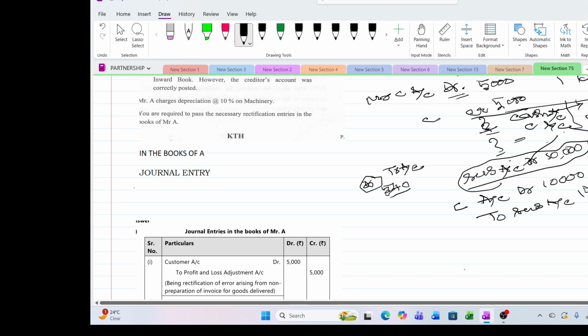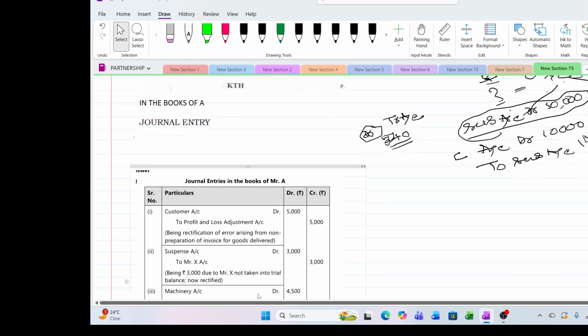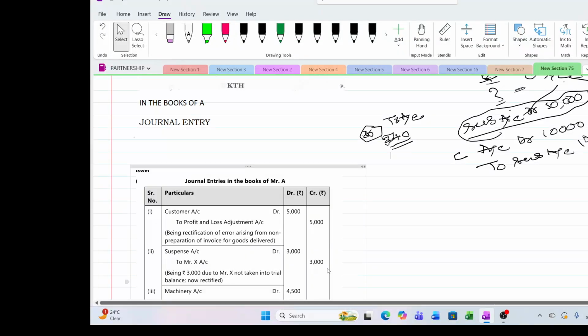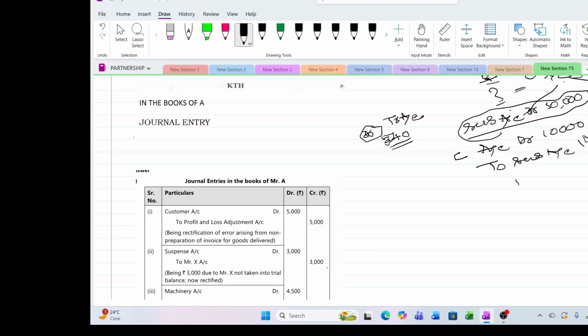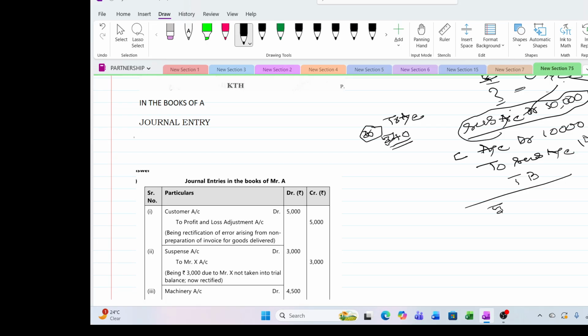Now we have to increase the profit, because purchases is a nominal account. Now we are going to credit the P&L adjustment account. Okay. So we will be crediting the P&L adjustment account and the suspense account. See, in the trial balance, what would have happened? 540 rupees extra would have been appearing, and there is no credit for that.